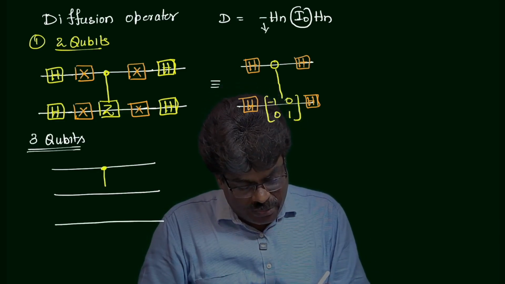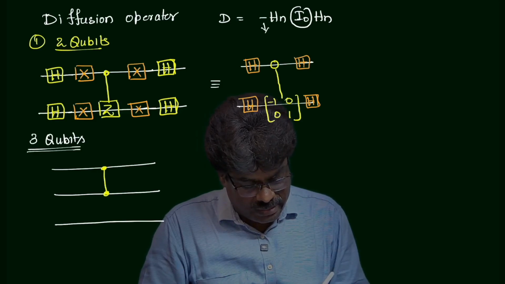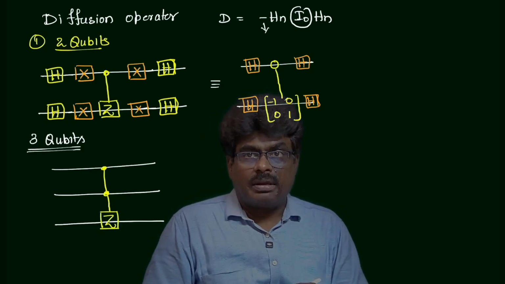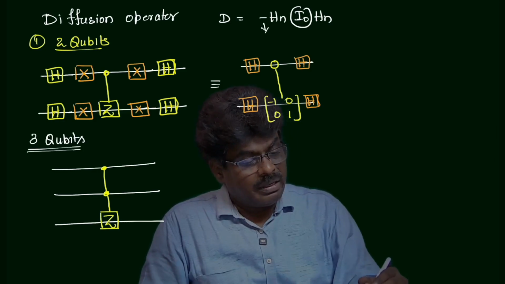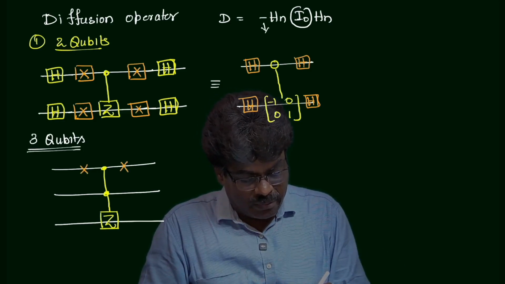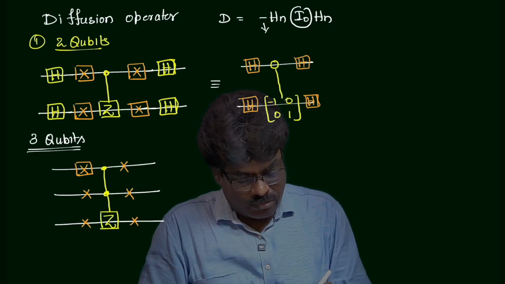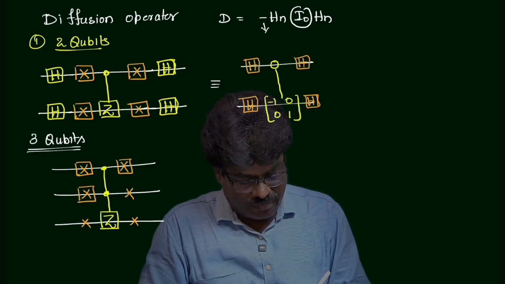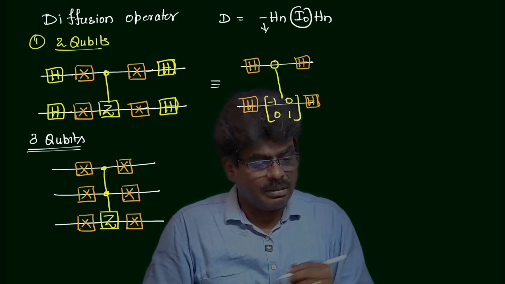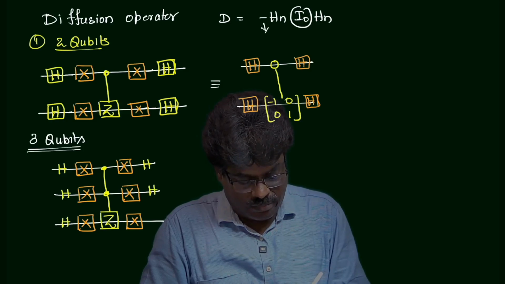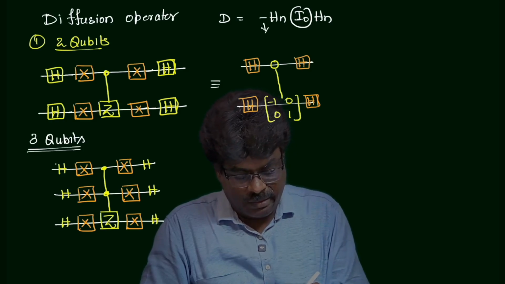As usual, first we have to take control and control square operation, and this is Z. Okay, control Z operation. And after that, on both sides we have Pauli X gates. So this is I naught. I naught means which inverts the amplitude of the 0 state. And after that, Hadamard gates. That's it.